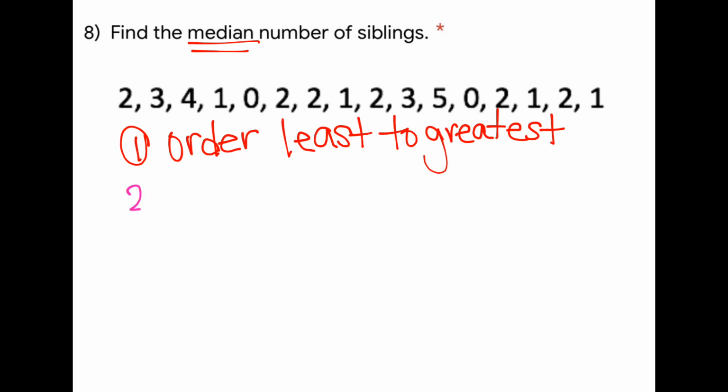Step 2 is we underline until we get to the middle. We could be left with just one. It does not tell us to round, so I'm assuming we are going to be left with one number in the middle.